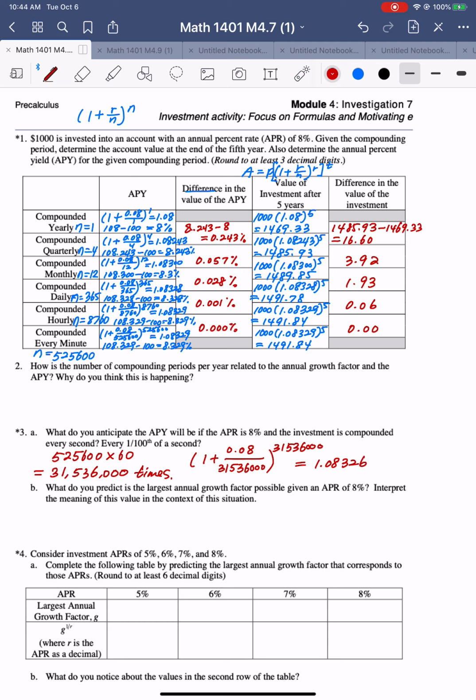Which you're going to get as 1.08326. So that's even smaller than this, right? So why do you want to go to the second? Then they're also asking what about 100th of a second?